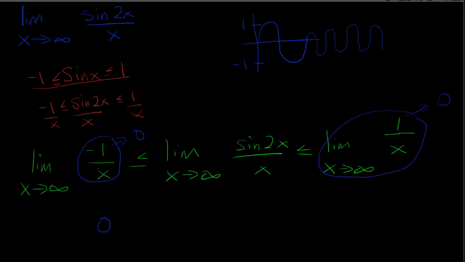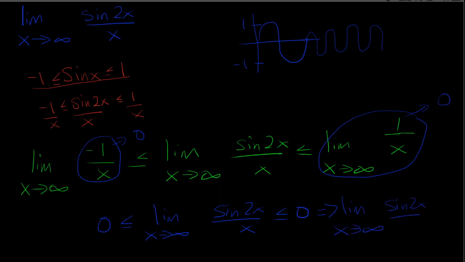So that means the limit as x approaches infinity of sine 2x over x is between 0 and 0, so that forces the limit to go to 0. So the limit is equal to 0.